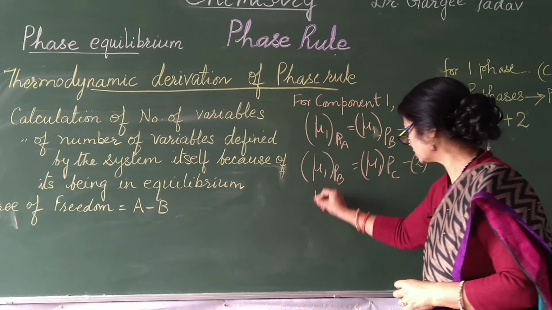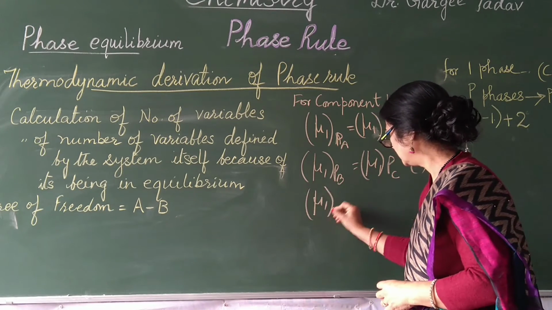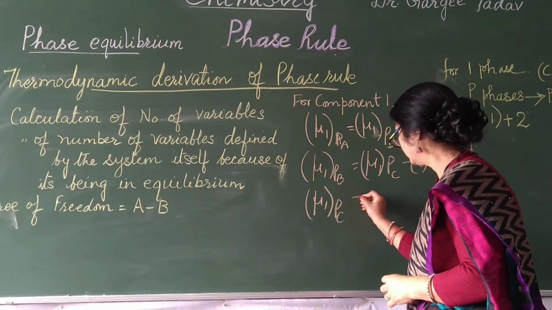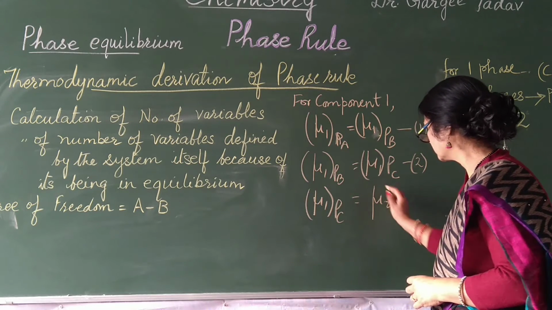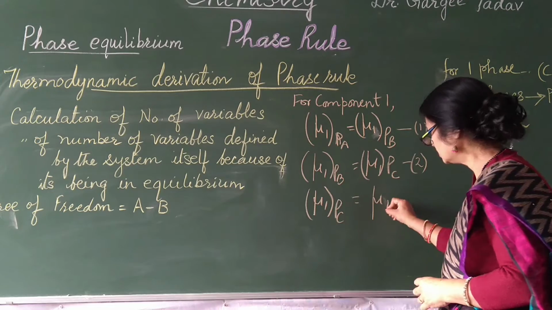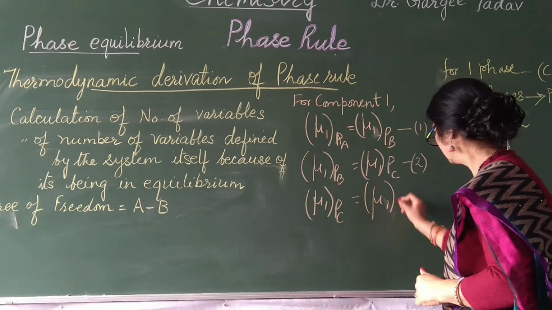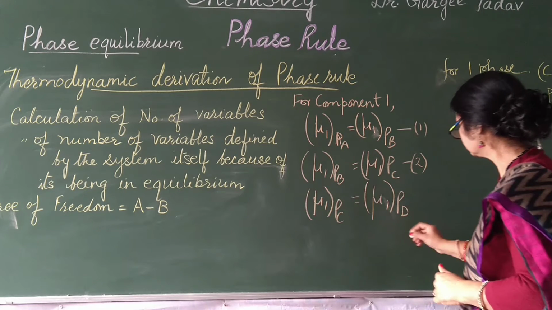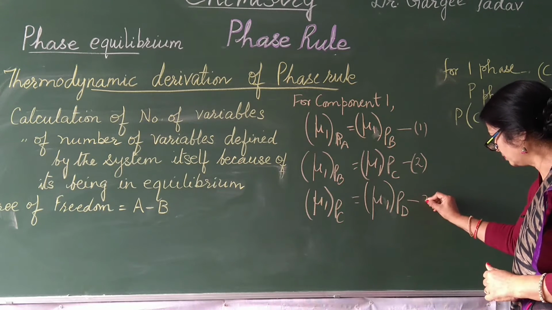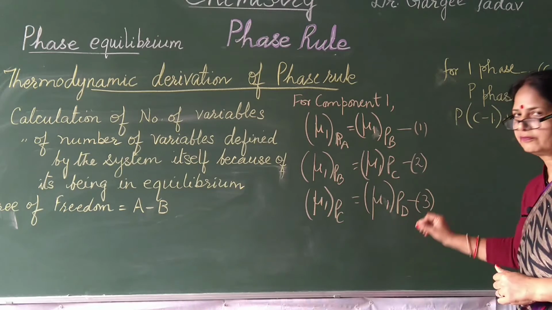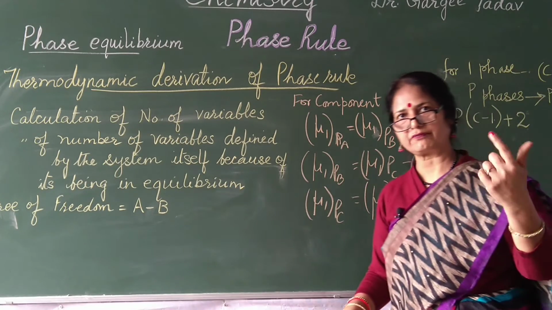The other equation will be mu1 in phase C equal to mu1, the chemical potential of component number 1, in phase D. So this is one more equation added when we have increased the number of phases.